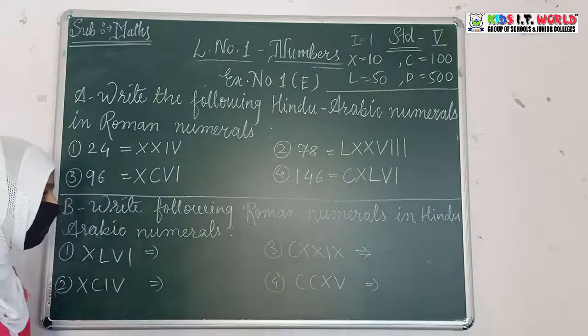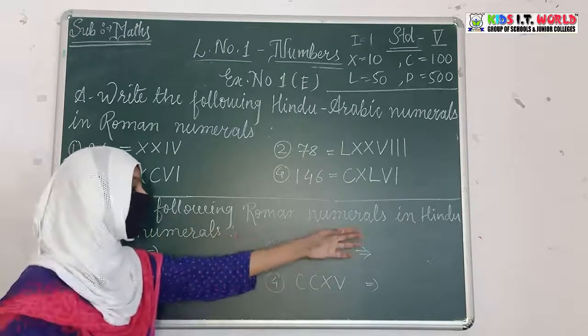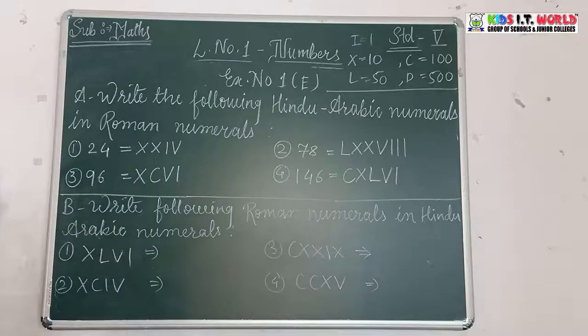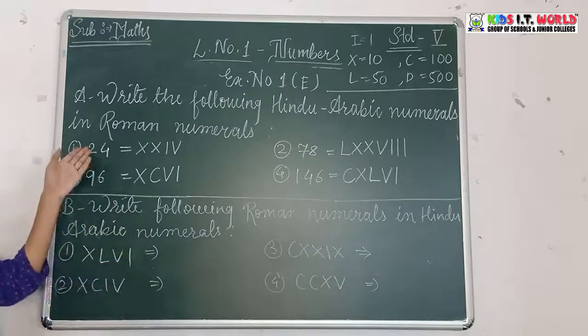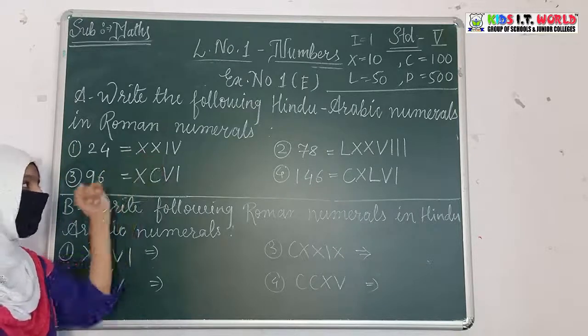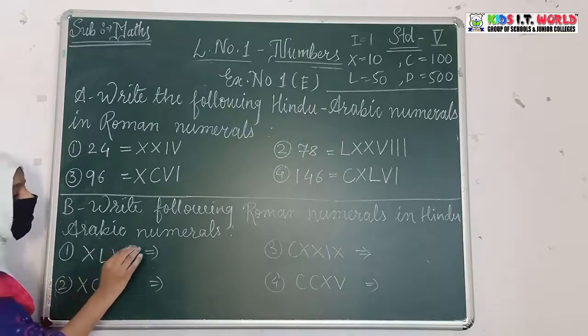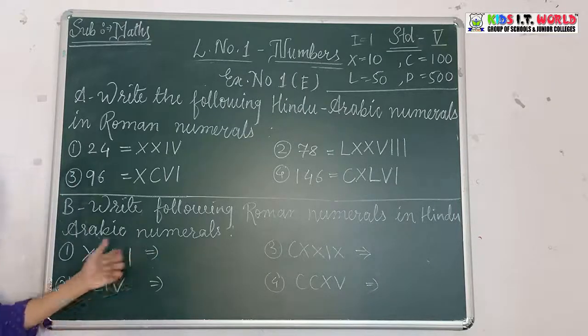Clear, students? Now the next question is: write the following Roman numerals in Indo-Arabic numerals. Opposite to the previous question, where the simple Hindu-Arabic number was given and you had to convert it into Roman numerals, here the Roman numeral form is given and you have to write the Indo-Arabic number.